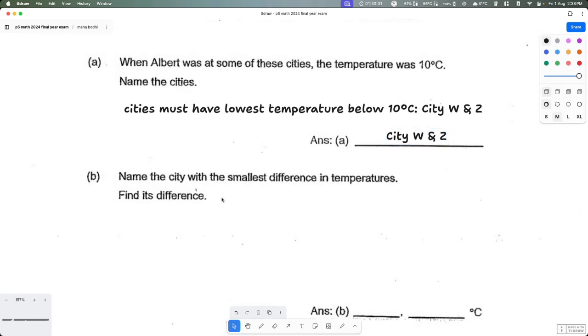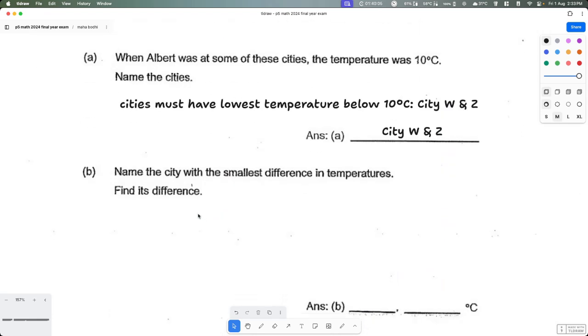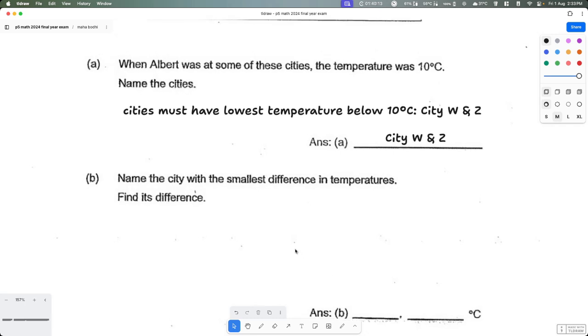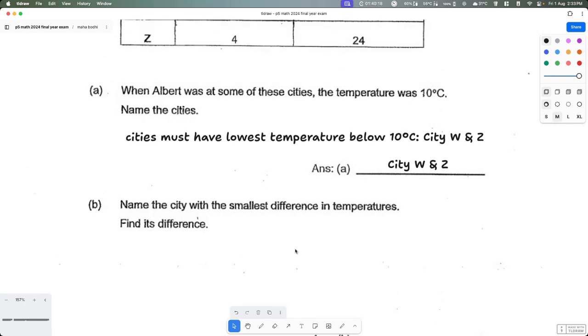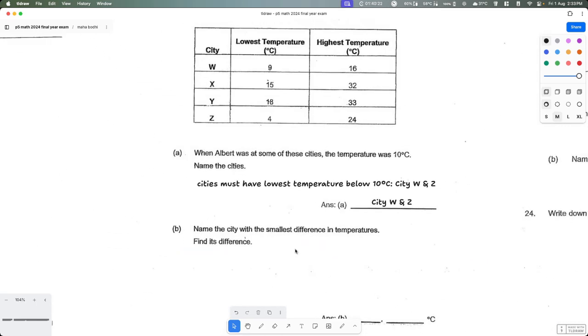So let's move on. Name the city with the smallest difference in temperature. Find its difference. So what is that? Okay. All right. So the city and also the temperature. Okay. So for W, let me make it a bit smaller.